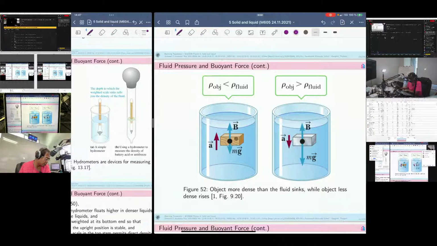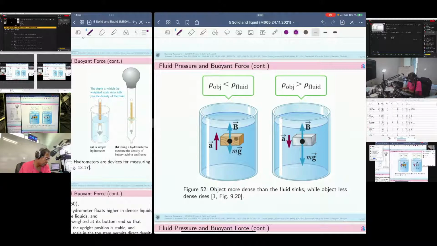And we consider the objects that are totally submerged in the fluid. Let's take the second situation. Let rho f be the density of the liquid in both containers, both glasses. Let rho with subscript small o be the density of the object, and we have the last quantity, which is V_o. V_o is the volume of the object.